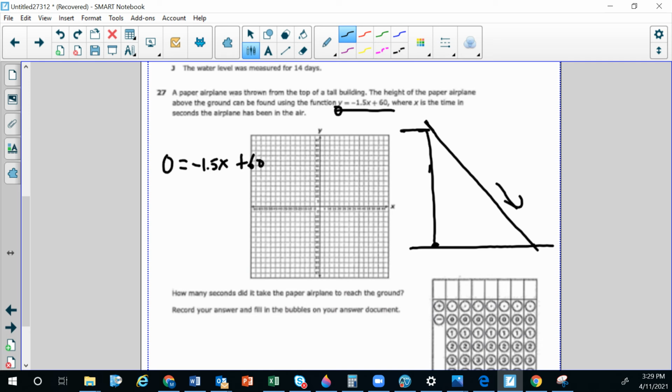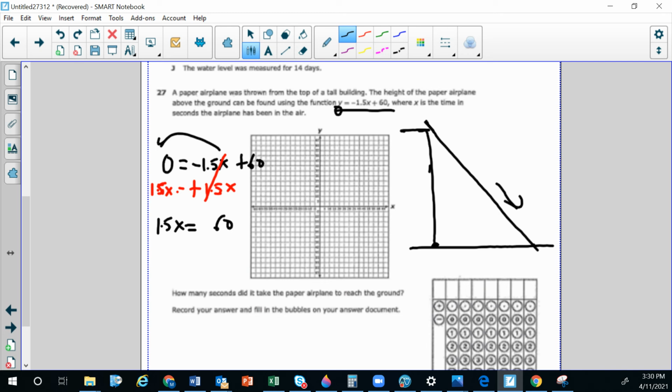I'm going to move this negative 1.5x onto this side of the equation, so I'm going to add 1.5x to both sides. That goes away, and I'm left with 1.5x is equal to 60.